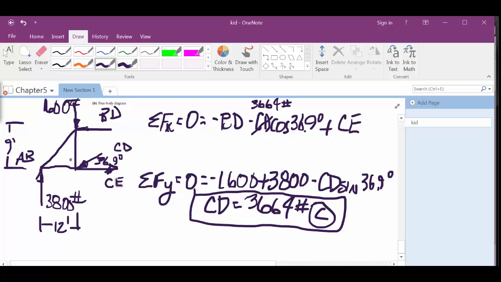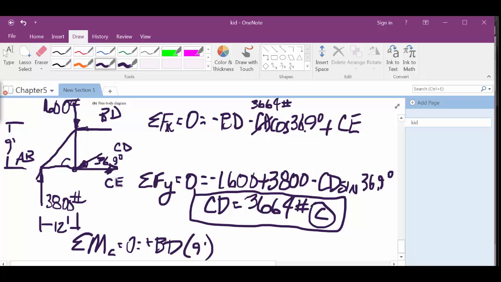This is point C right here, right? Take it at point C and you get rid of this and this automatically, don't you? And the 1600. So if you did a moment at C, you could go negative BD, oh, excuse me, that's positive, isn't it? Times 9 feet. It's making this thing go counterclockwise relative to C, right?